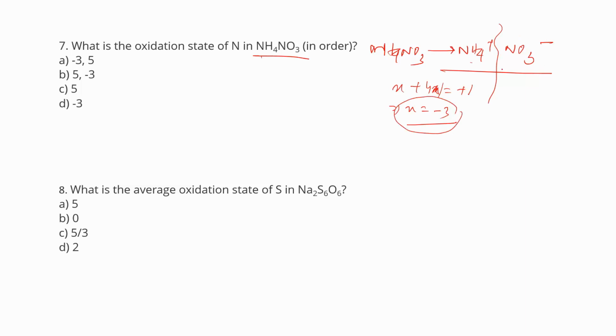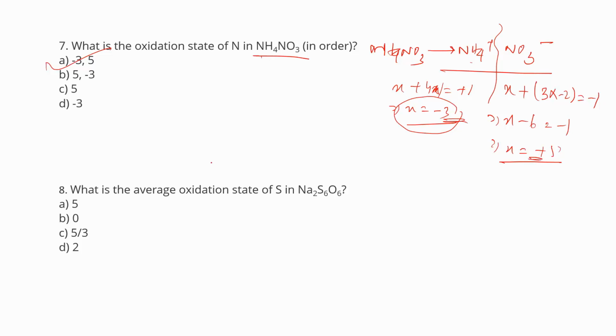But for NO3-, let us consider X plus 3 times -2 equals -1. So X minus 6 equals -1, so X will be +5. So option 1 is the correct answer.